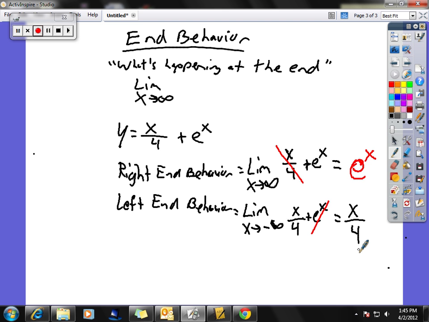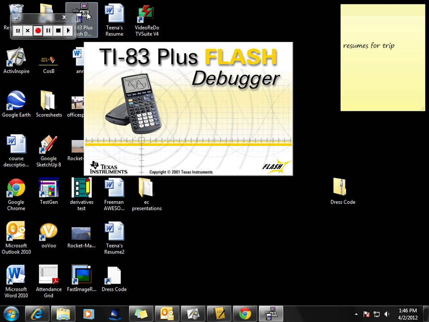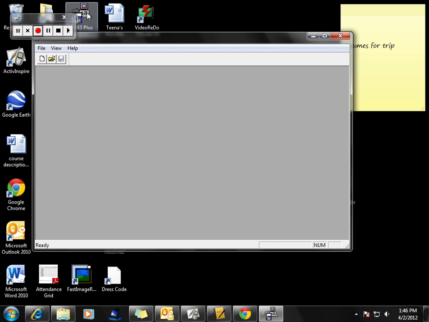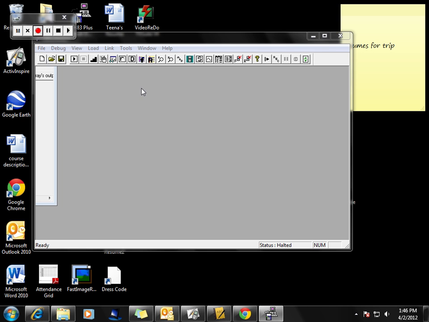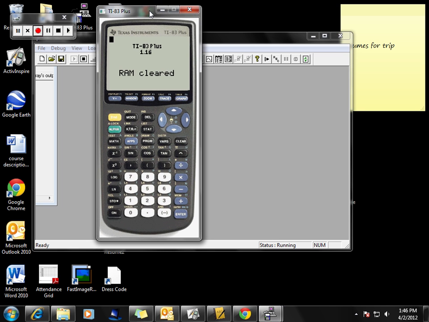If we graph this function, actually let's go ahead and do that. I'm going to do that real quick so that you guys can understand what I'm talking about here. Okay, so we're going to graph x over 4 plus e raised to the x.